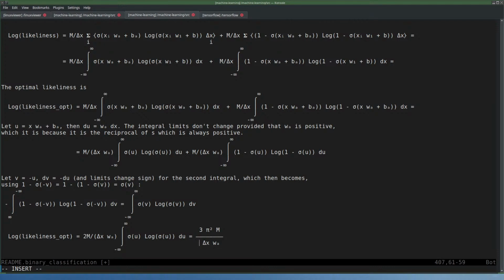I don't know. Where do I want to have it? There? None of them. Okay, I'll leave it like this. 3 pi squared m divided by delta x WA. Now dividing by WA is the same as multiplying by S. The target is.